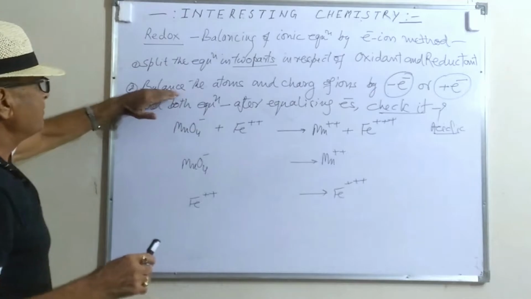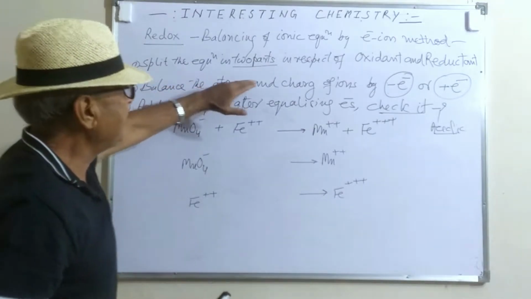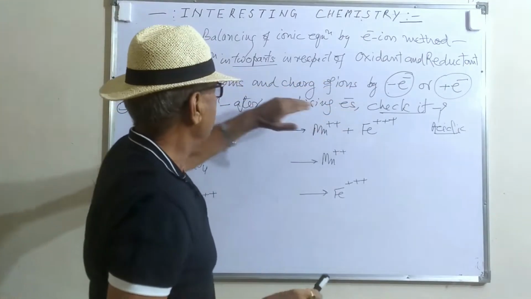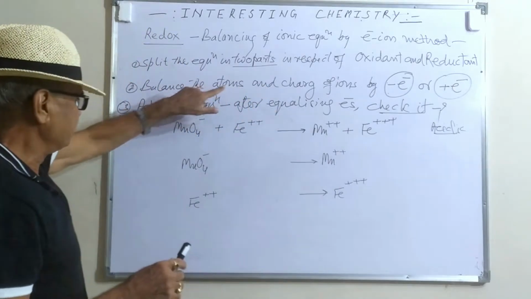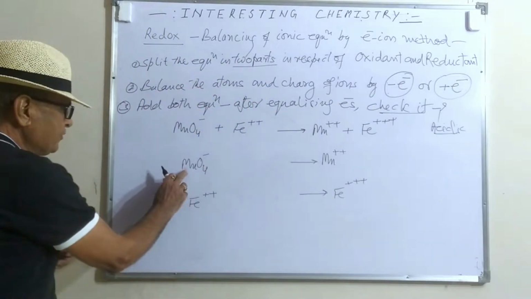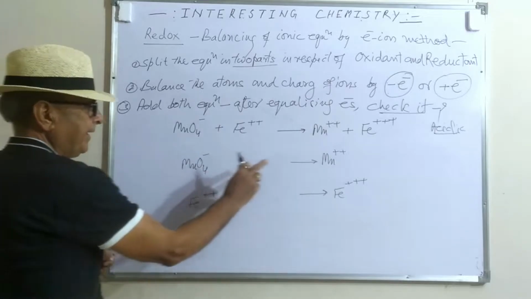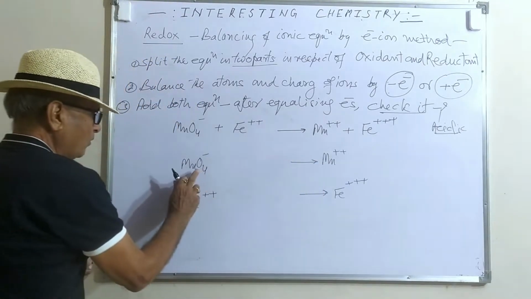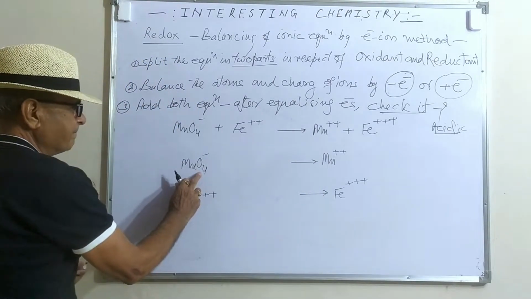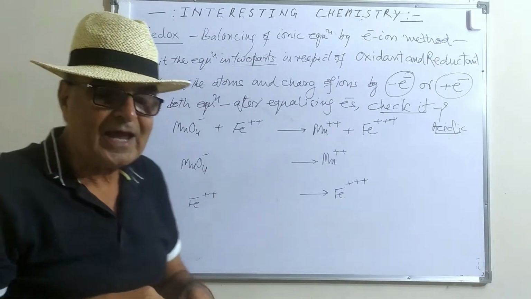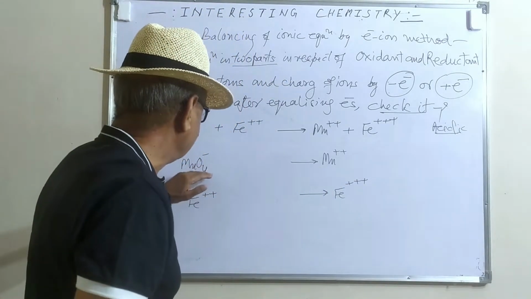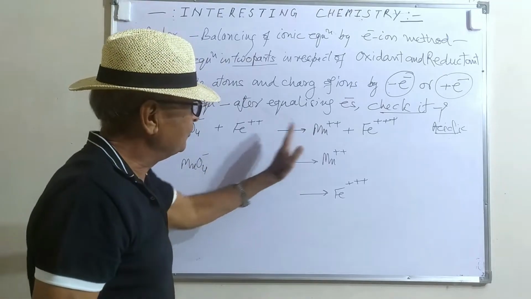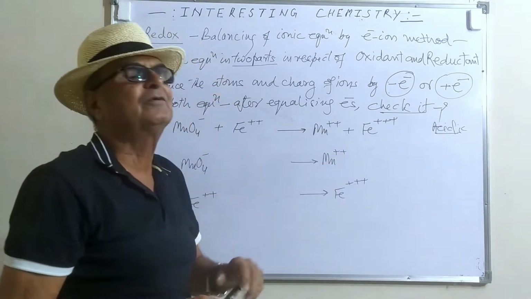Now second, balance the atoms and charge of ions. First, balance the atoms. Here Mn is 1. Oxygen are 4, so you have to transfer these 4 oxygen to the product side.